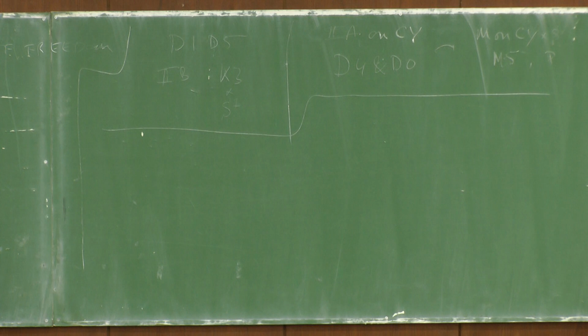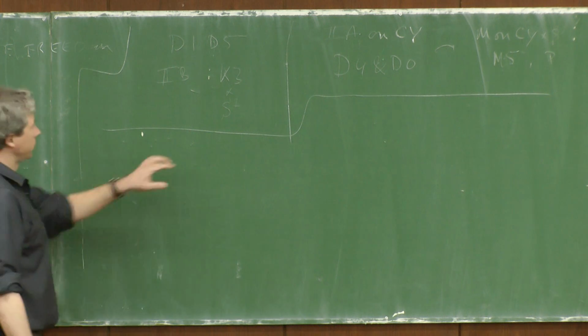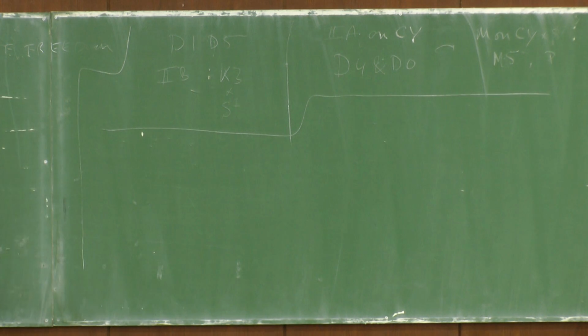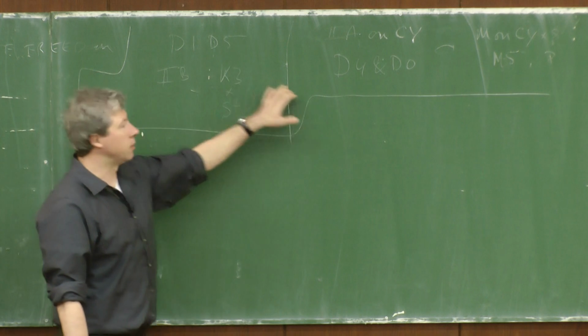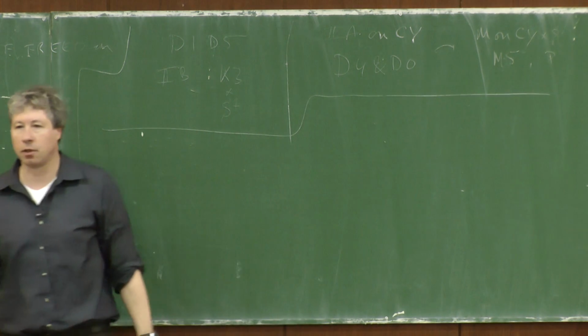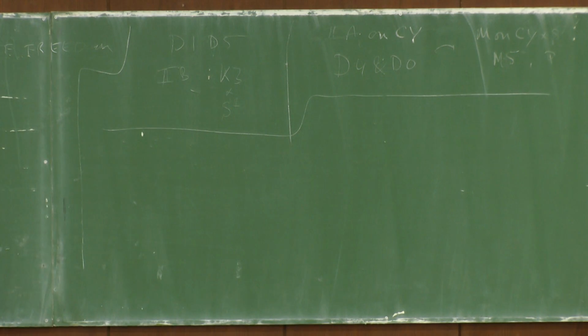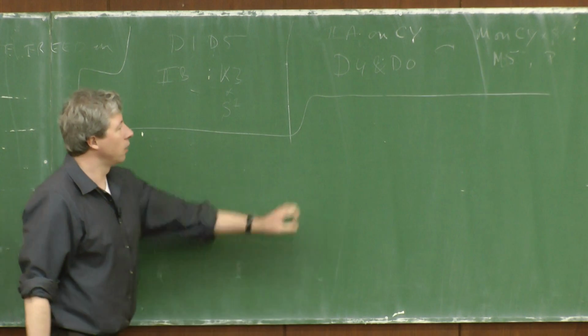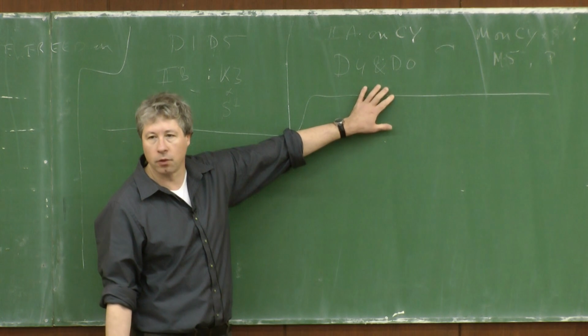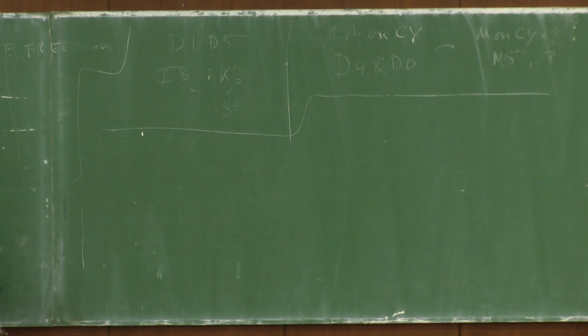So how do we describe these systems? The D1, D5 system and a D0, D4 system are very similar. They're actually just related by some T-duality along a circle. So what I will do is think more in the D4, D0 language.